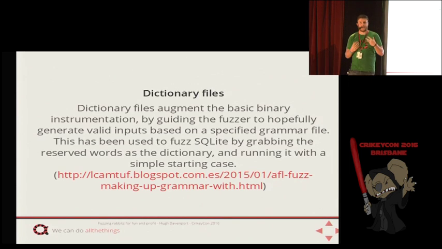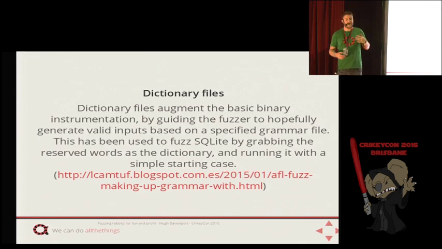So the dictionary feature is a feature that allows you to say, hey, in this file or in this program that I'm trying to run, I would expect the input to have this string or this string or this string, and a whole bunch of words that that thing might have.